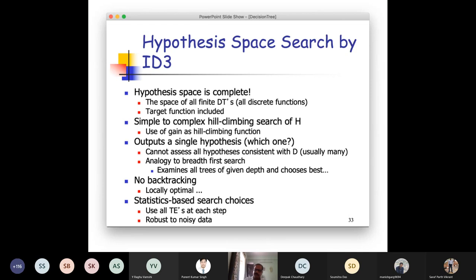Also, you can use this algorithm with some modification. You can make it robust to noisy data, which means if you have noisy data, you should not go for a tree which has all pure leaf nodes, since that means it is fitting the noise.